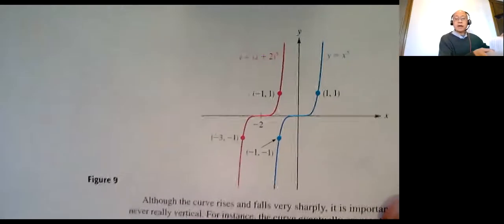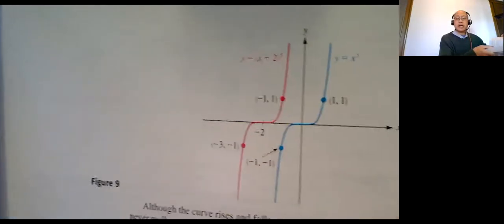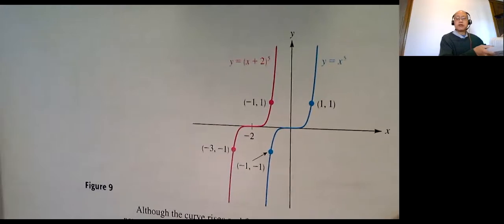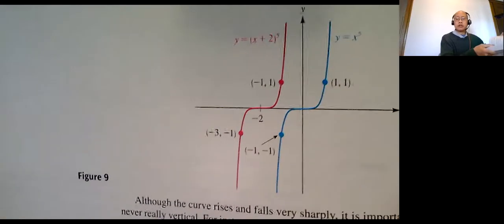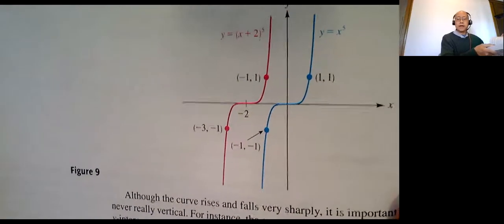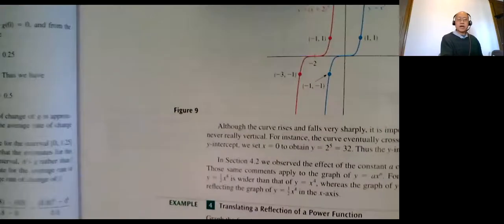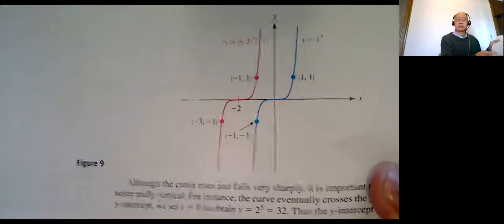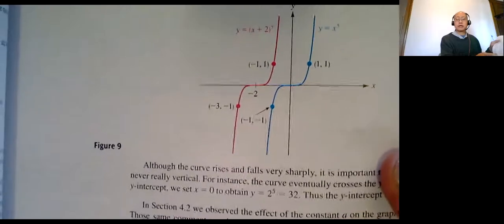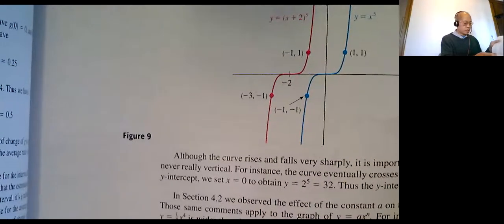And then in red, they changed x to x plus 2. X plus 2 to the 5th, move the graph 2 to the left. So instead of the origin 0, 0, notice it goes to negative 2, 0 over here. That's the kind of thing you want to get used to. Okay, so not just plotting a whole bunch of points, but just starting with a basic graph and then moving left, right, up or down or whatever.